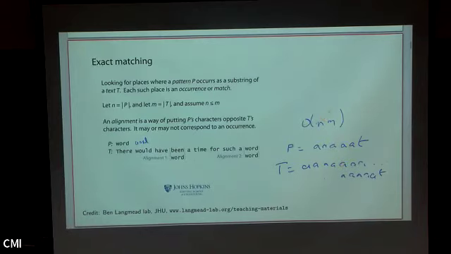So O, big O(nm), for those who aren't familiar, it means that the number of operations you need to do this task is less than some number times n times m. And that number could be kind of big, so you could have order of n times m.